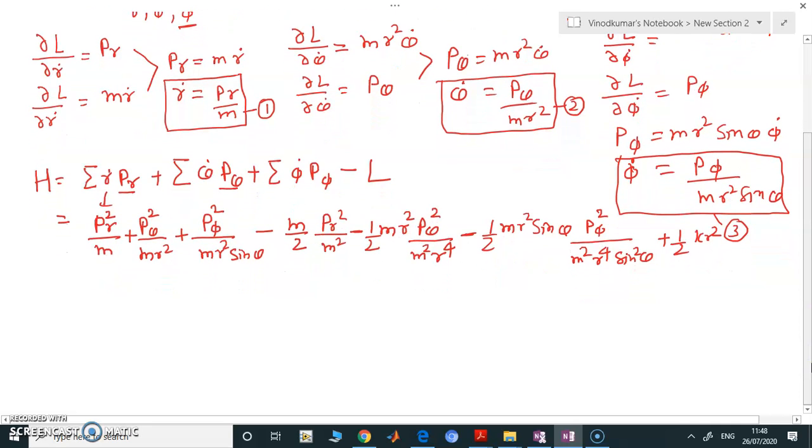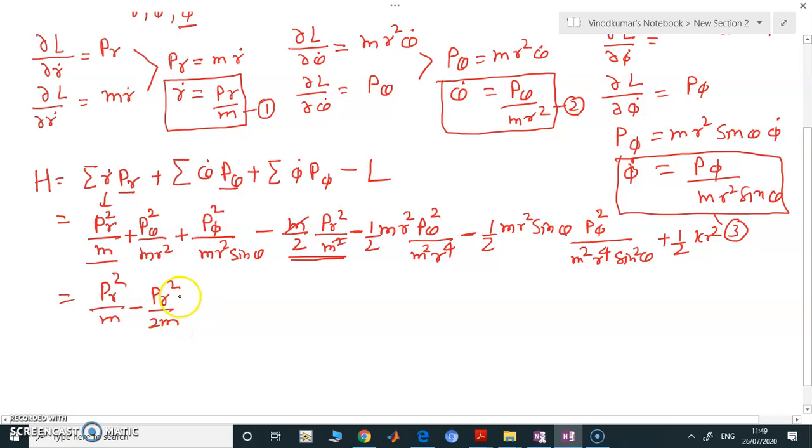Next we see that this term and this term are almost the same, so what will happen here is that some will cancel. The first term is P r square by m, and this term is minus P r square by 2m.